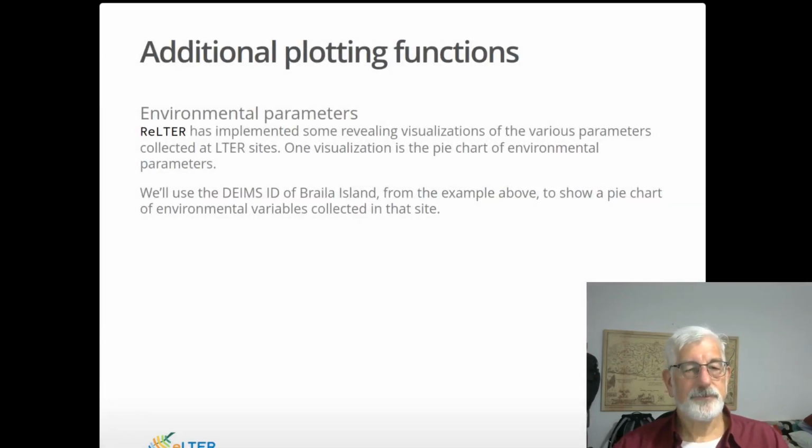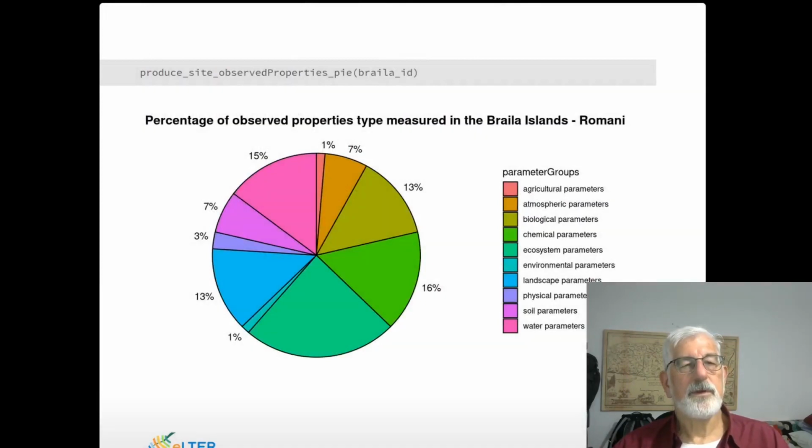Well, in ReLTER, there are two additional functions for showing plots of environmental variables. We'll go back to the Bryla Island DIMES ID that we got previously and show these examples. Calling the function produceSiteObservedProperties produces a pie chart showing the relative amounts of environmental variables that are available for this particular site on Bryla Island.